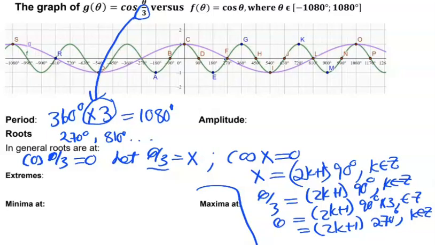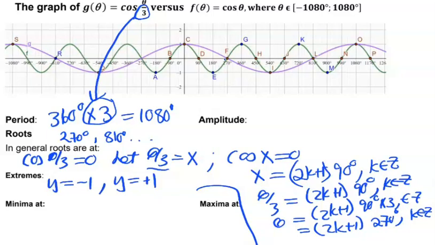So if I look at the extremes, we still have just y equal to -1 and y equal to +1, because we did not shift it vertically or stretch it vertically. It just stays the same as you stretched it horizontally.